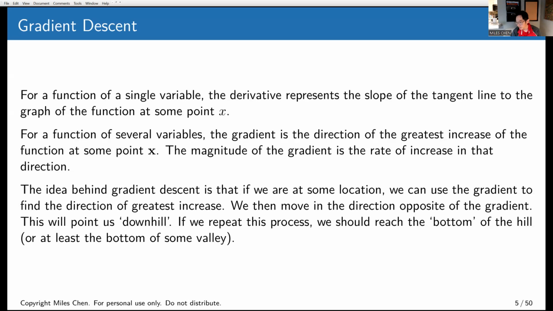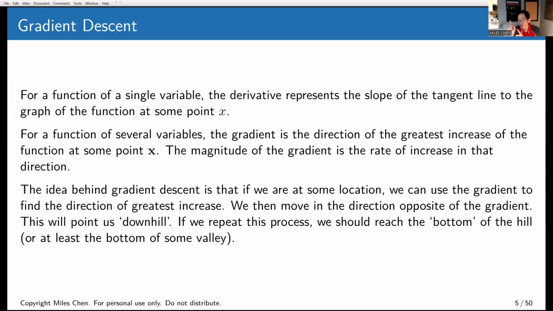And the idea for gradient descent is, you're on this multi-dimensional surface, right? At your current location, you find the gradient, which points uphill. And what we will do is go in the opposite direction. If that direction is uphill, I'm going to walk away from uphill, and that means we're going downhill. And we repeat the process.